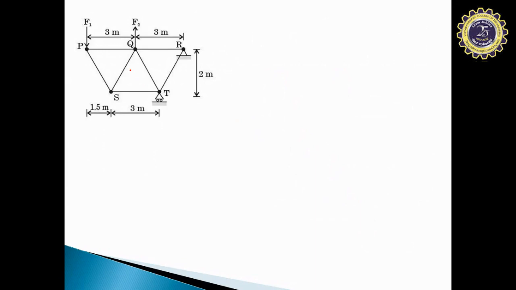If we draw a perpendicular bisector, this distance will be 1.5 meter, because 3 divided by 2 is 1.5 meter. So now you have 1.5 meter here and 2 meter as the height.